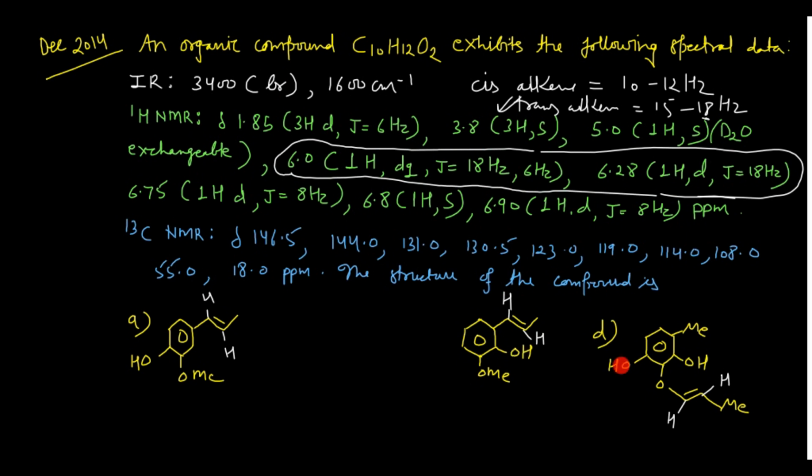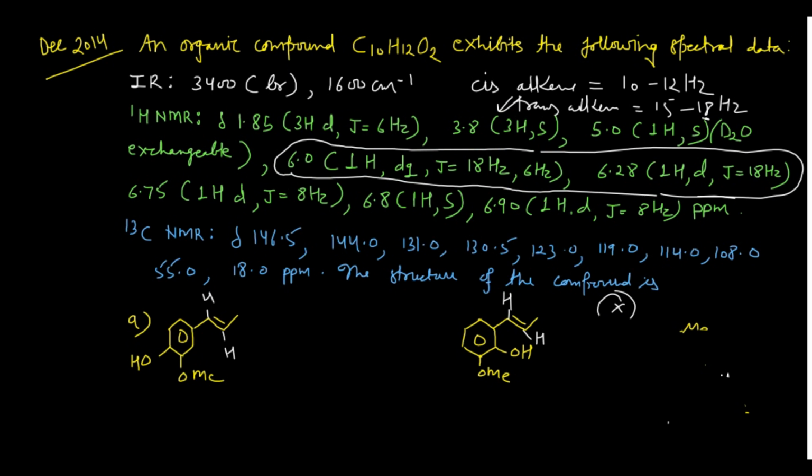If I have written this formula correctly, 3 OHs are there. So you can discard this option also. Why? Because in the question itself O2 is written, but in that case there would be one oxygen, second oxygen, and third oxygen. So this cannot be the correct answer. I can immediately discard this also.